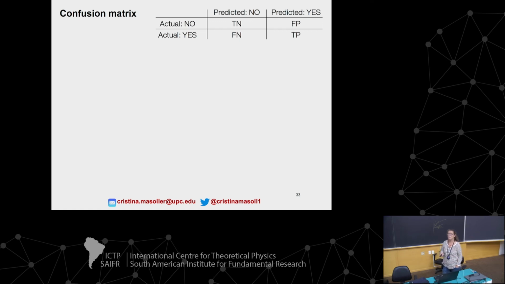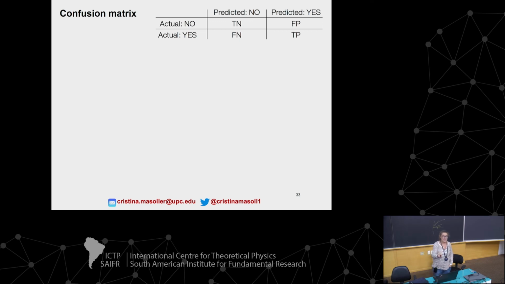Who's familiar with the confusion matrix? Okay. So basically, for each threshold, you get 4 numbers. The ones that you think are not significant, and they are not significant, are the true negatives.